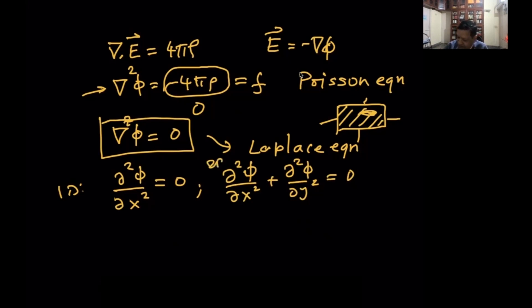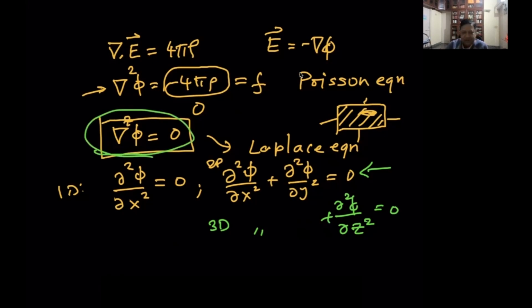In 3D, we add the second derivative with z, equals 0. I will show you how to solve in 2D, and this method can be easily generalized to 3D. So please keep in mind that we are solving this equation in the present lecture.